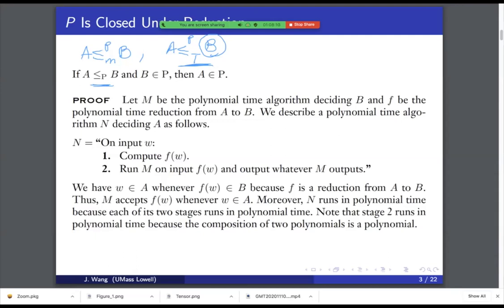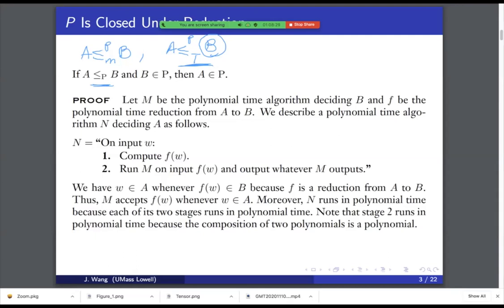That's how we use reduction to compare the difficulties of two problems from computational points of view. Proving this is straightforward, because we know how to prove that if A is reducible to B and B is decidable, then A is decidable. Now we just add a time bound to it, so the proof is the same.